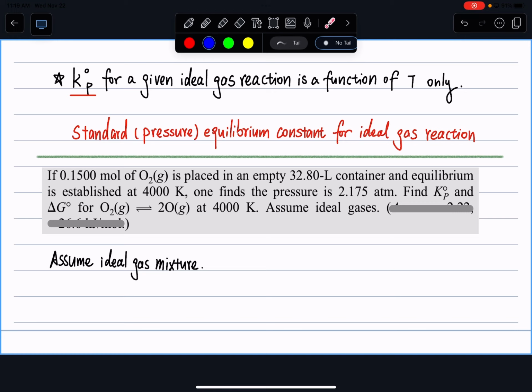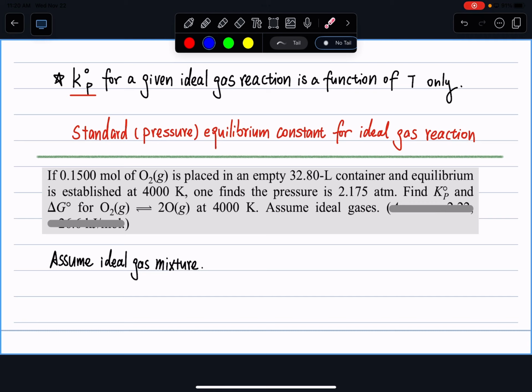So your N total here at equilibrium equals pressure times volume over RT. In our question, we know the volume, the pressure, and the temperature. We also have our gas constant, so we can plug in our numbers.